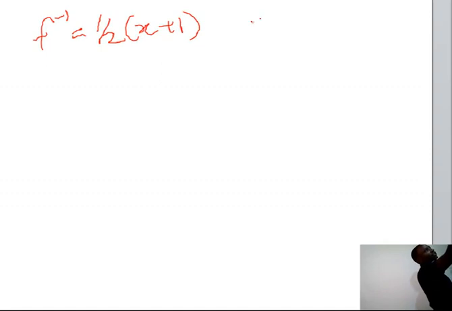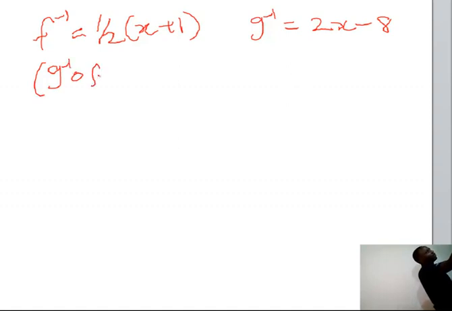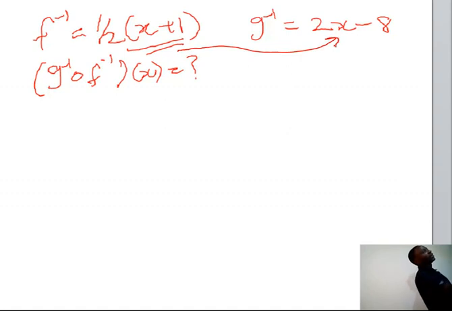Now recall that our f inverse is 1/2 x plus 1 and our g inverse is 2x minus 8. So since we are going to find the value of g inverse compose f inverse of x, that means you plug this value into everywhere you see x here.